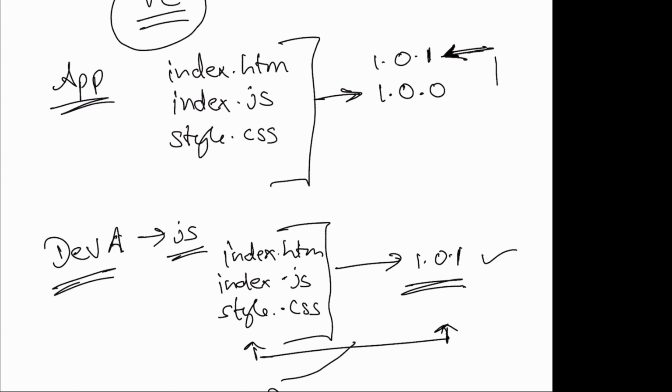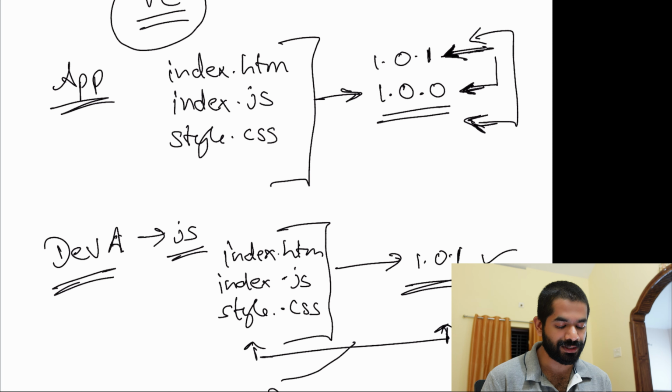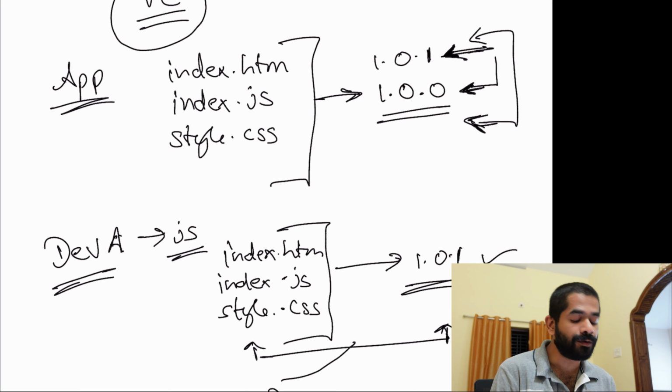All he has to do is point to or check out the 1.0.0 version, and that way he will get the history and he can compare both these versions and see what changes he has made and what has gone wrong. Based on that he can make changes. So this is a very generic concept of version controlling. I hope that you guys understood what version controlling is.